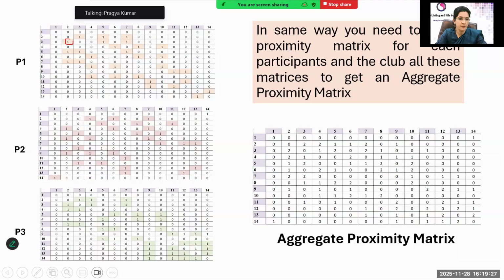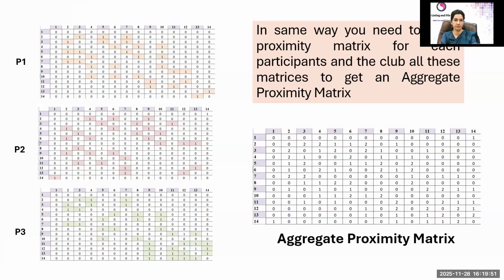So this person has said 1, this person has said 0, this person has said 1. So the aggregate will be 2. So that's why you will see here 2 for 2 and 3. Right. How many total participants have kept these 2 and 3 together? That's the aggregate proximity matrix.